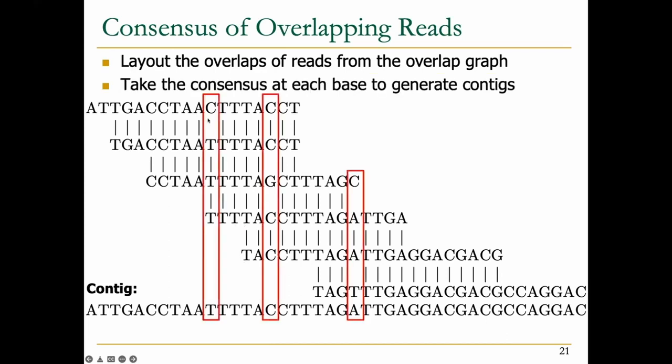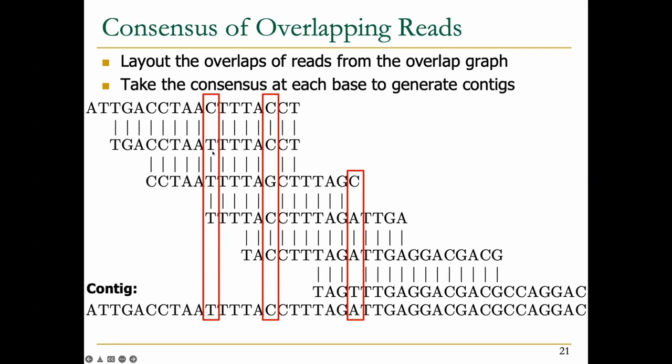Essentially, for every position of a contig, for every corresponding position in the reads and the overlaps, we take a look at all the bases that each overlap is telling us. For example, in this case, these three reads are telling us there should be T here, and here this read is telling us there should be C here. So which one should we believe?